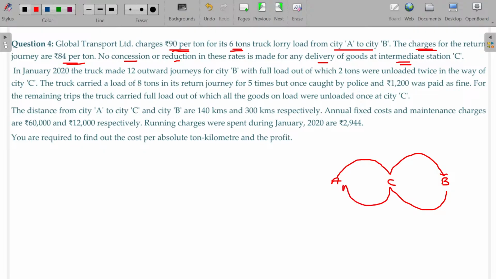That's how it's going on. Six tons load carried, here the value being 90 rupees per ton. While returning, it is 84 rupees per ton. Though you can unload at intermediate station C, still the charge will be the same.